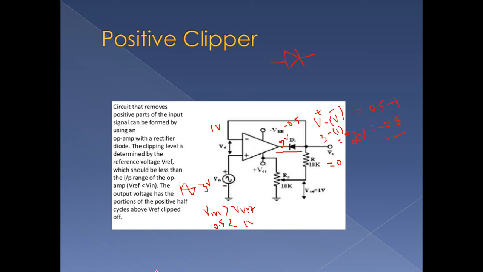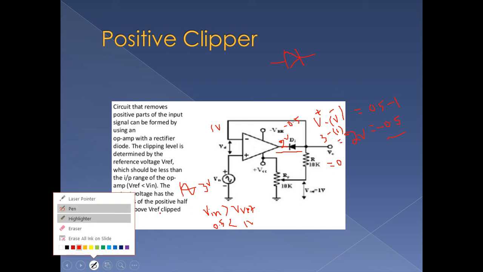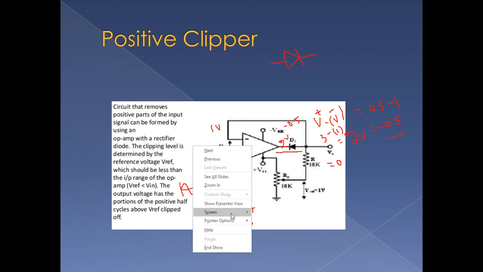So let's see in diagrammatic representation how the clipper is working. This is my input voltage Vin. This is my output V0.